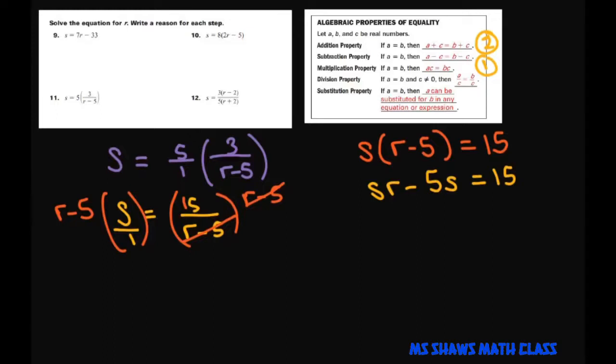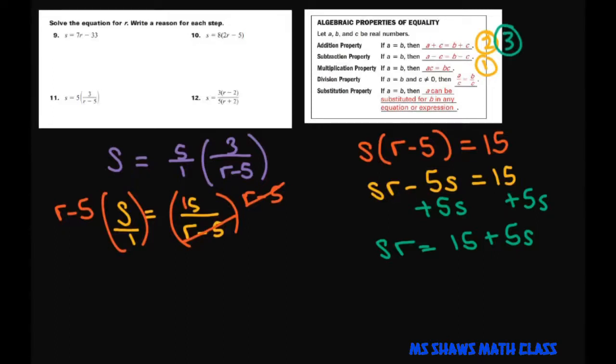So now we're going to add 5S to both sides. So you get SR equals 15 plus 5S. And that was our addition property. So that would be step 3, addition property.